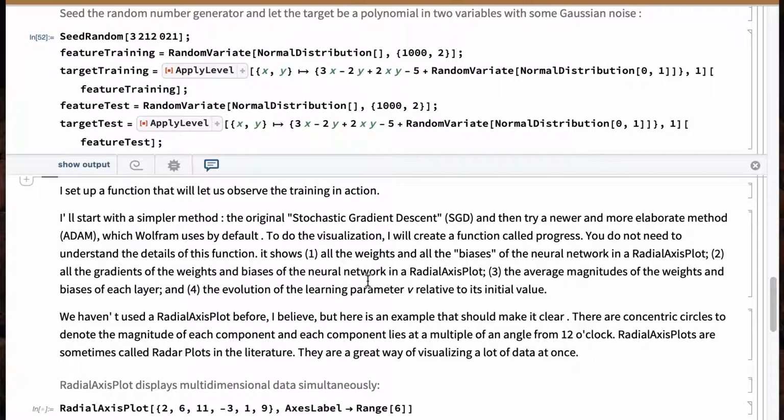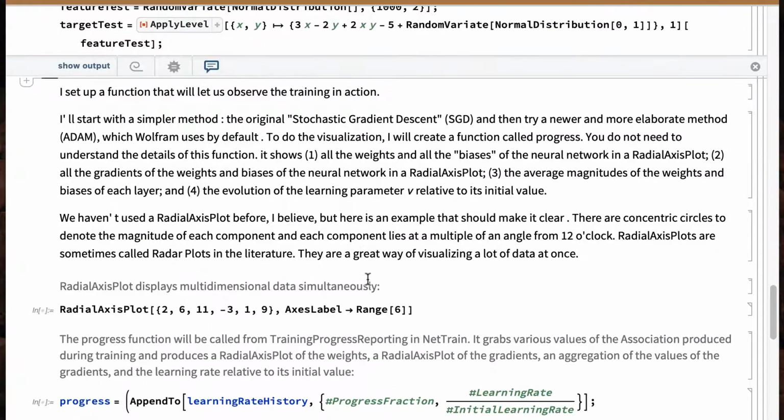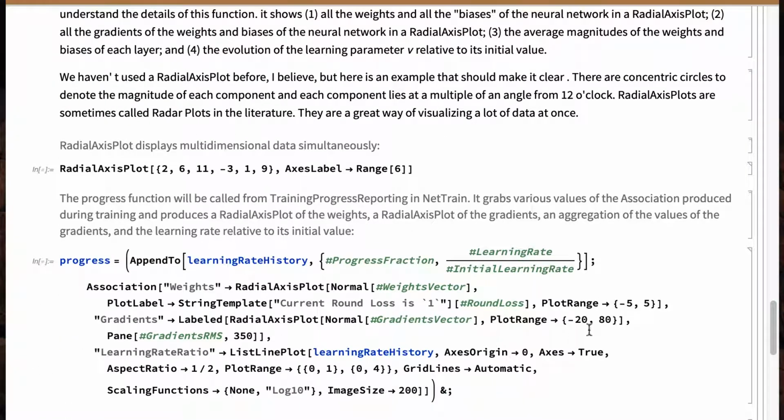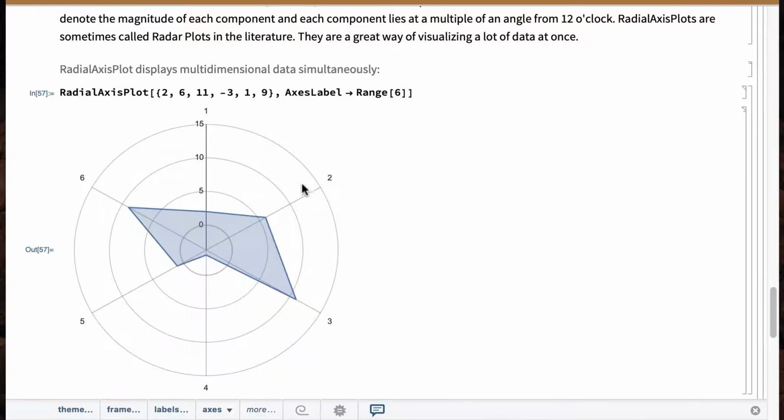To visualize what's going on, I've written a function called progress. There it is. It's kind of complicated, and I don't think you need to understand it. The one thing it does make use of, though, is something called a radial axis plot, which the rest of the world calls a radar plot or a spider plot. There are a lot of names for it, but let's look at it. Okay. The idea is I've got high dimensional data. I've got 6-dimensional data here. How do you visualize 6 dimensions?